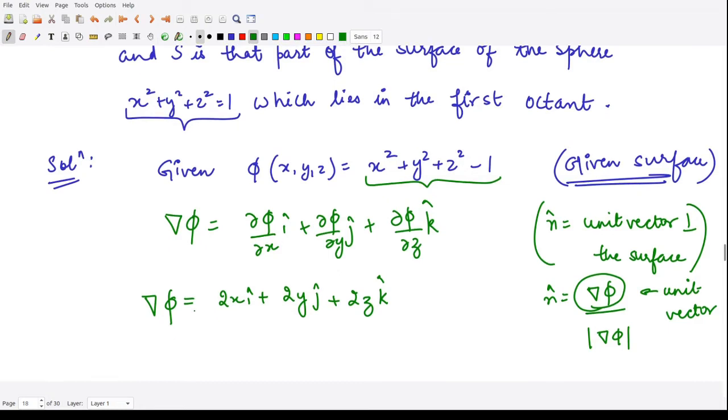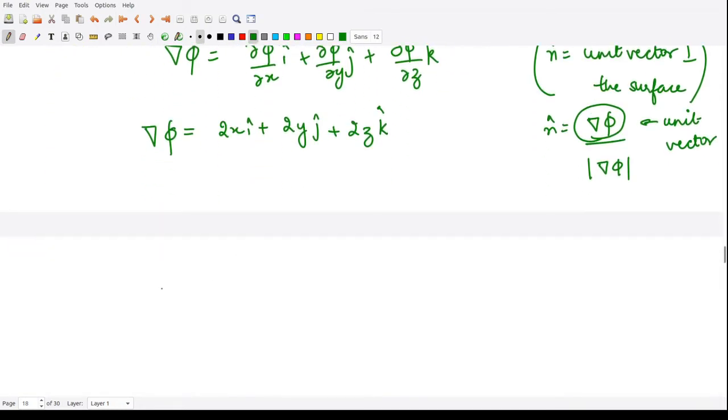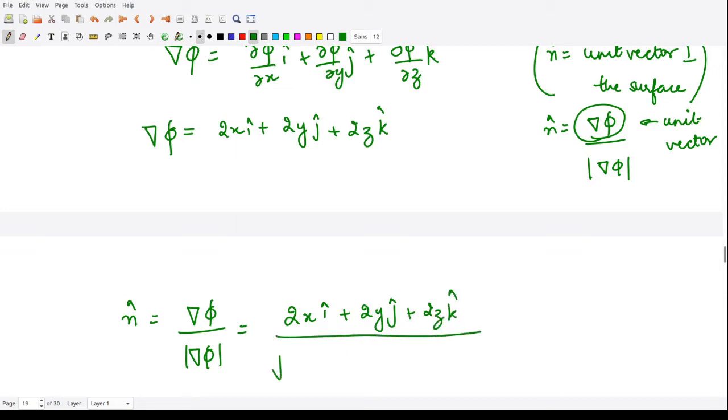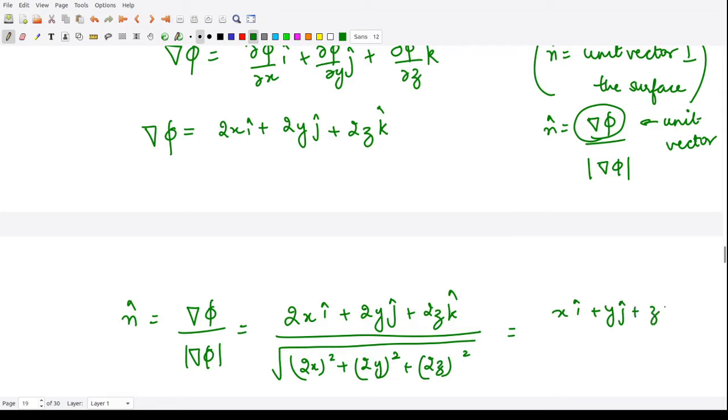Now the next step is to compute this n cap vector. This n cap vector is obtained when you divide the gradient of phi by its magnitude. So the vector here is 2x i cap plus 2y j cap plus 2z k cap divided by the magnitude. The magnitude is obtained when you take the square root of (2x) whole square plus (2y) whole square plus (2z) whole square. So this is equal to x i cap plus y j cap plus z k cap divided by the square root of x square plus y square plus z square.